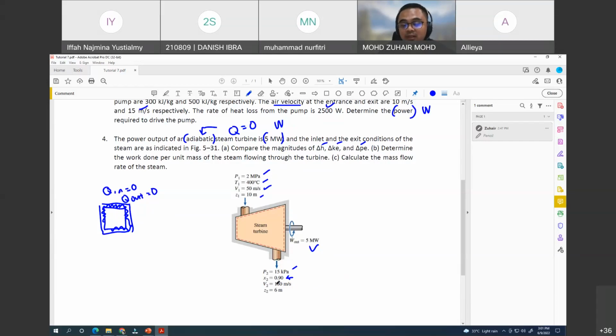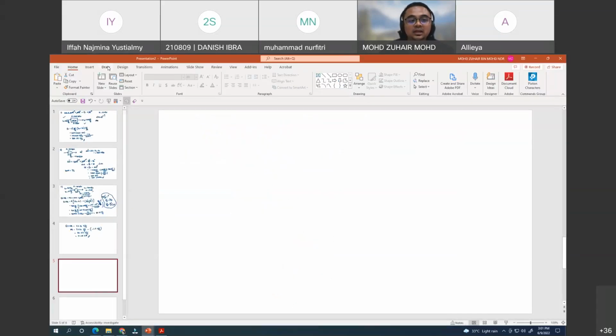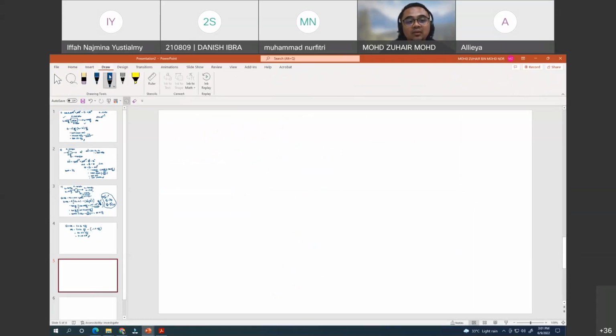The velocity V2 is 100, and we have 10 and then 6. So based on this, let's just try this. This is more interesting because we're going to have to consider all of the calculation. The working is a bit longer, and when it's longer it's more interesting.